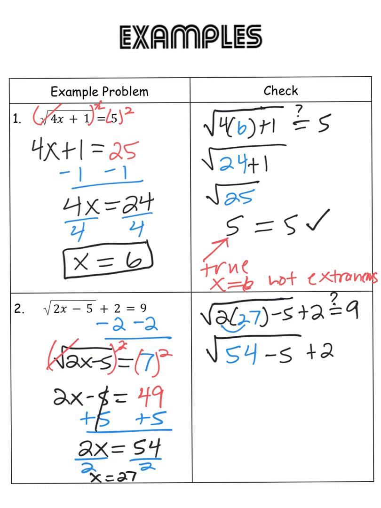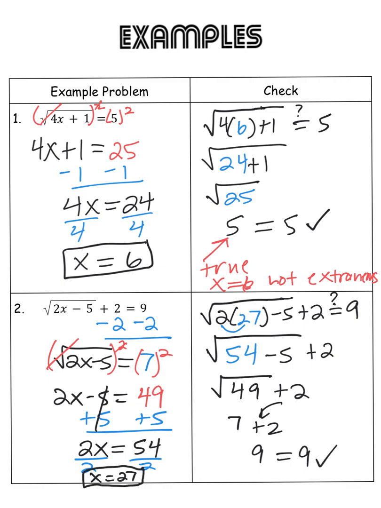So now I'm going to subtract. 54 minus 5 is 49. The square root of 49 is 7. And 7 plus 2 is 9. So it checks out. 9 equals 9. So that means x equals 27 is our solution and is not extraneous.